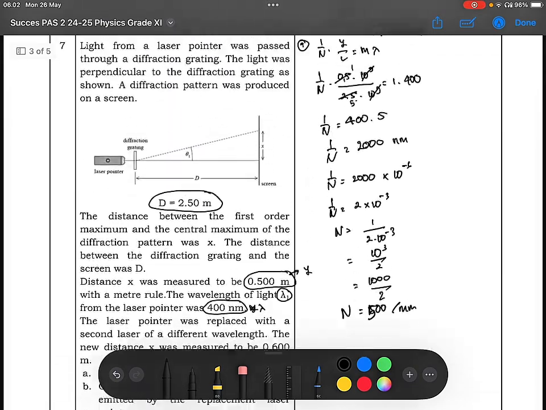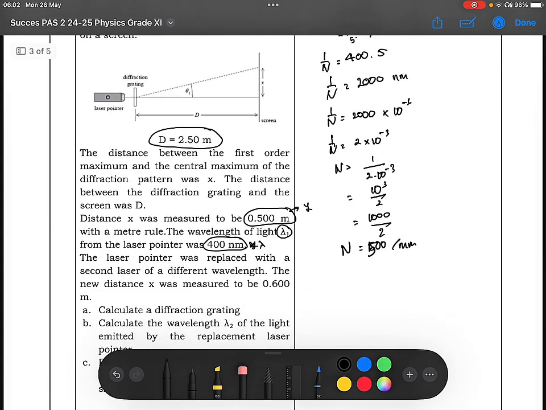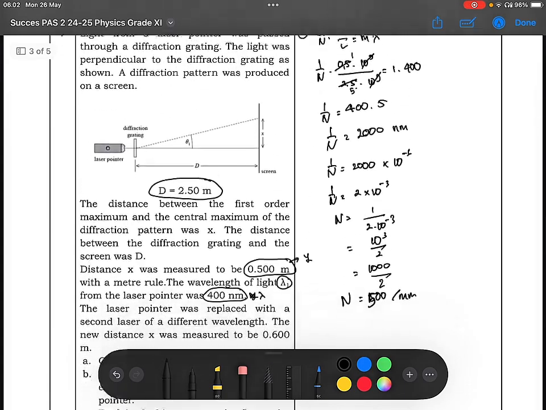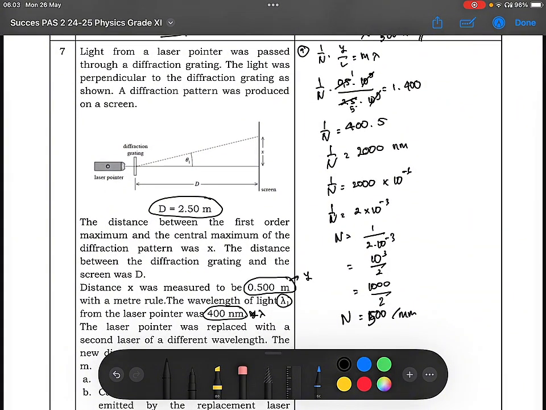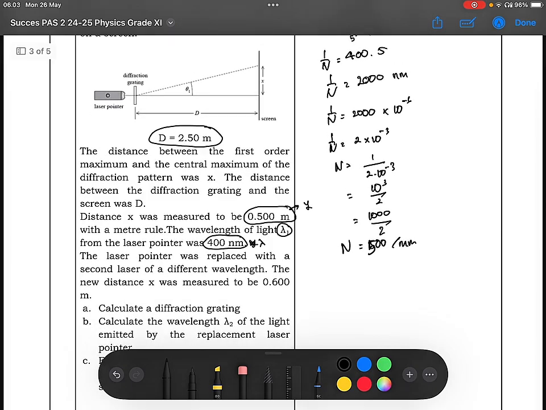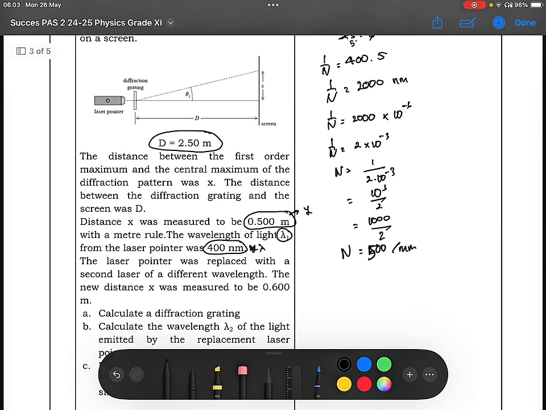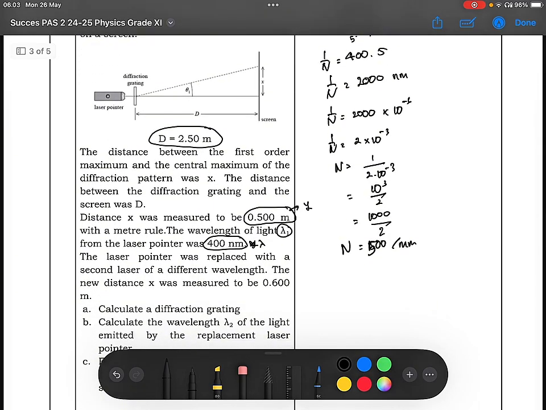Okay. And the B, calculate the wavelength. I think for the formula, 1 per N is the same, and then for the Y, L is the same.